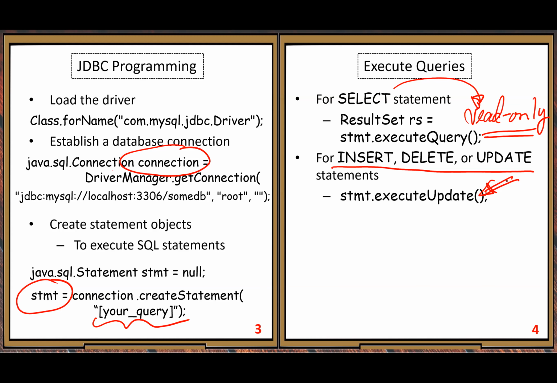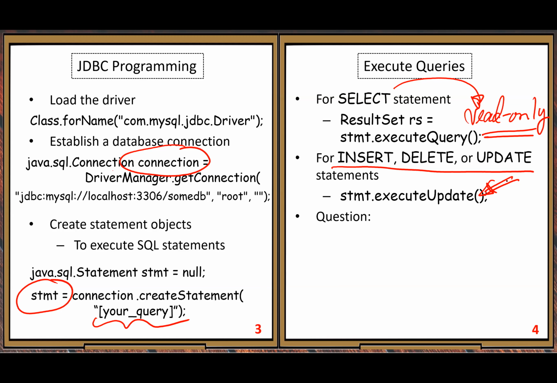If you need that, you can use a variable to store the returned integer number and use that information. But most of the time, we don't need that. We just want the database updated after this command. All right.